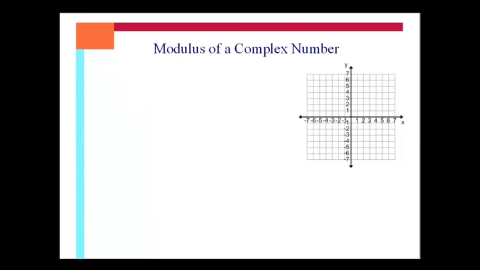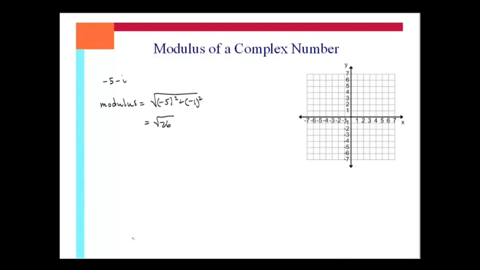Let's try a second example. We had previously used the complex number -5 minus i, and we calculated its modulus. It was the square root of -5 squared plus -1 squared, and we got the square root of 26.